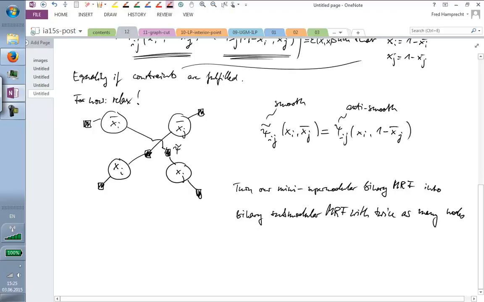Mini is not a technical term, I just wanted to say it was a really small graphical model that we started at. So we've paid a price. We've turned a hard optimization problem into an easy optimization problem for which we know a polynomial time inference method. However, it has twice as many nodes.